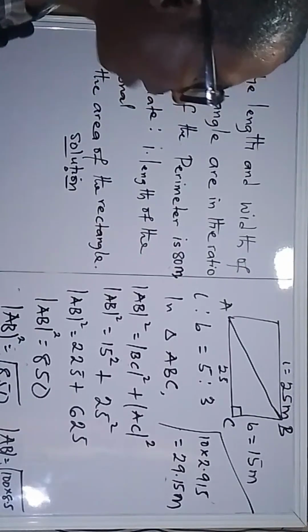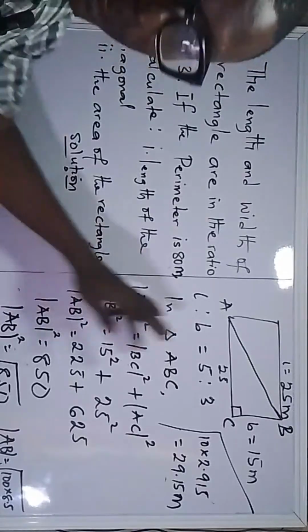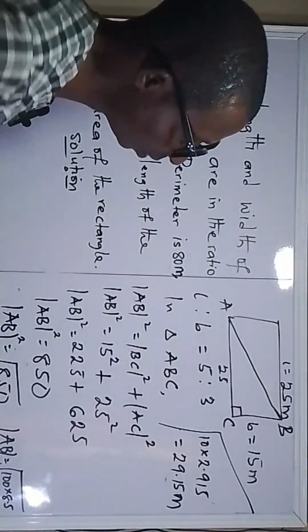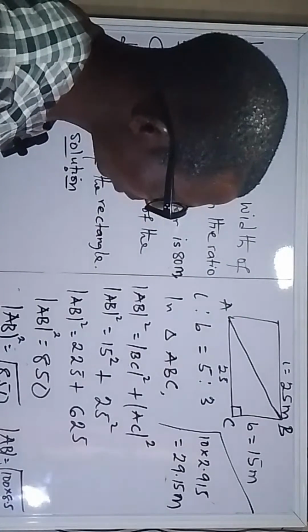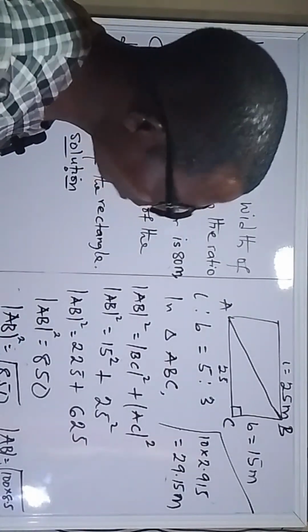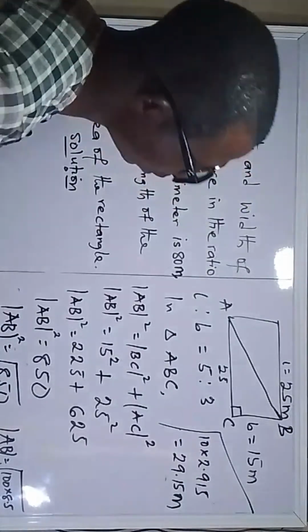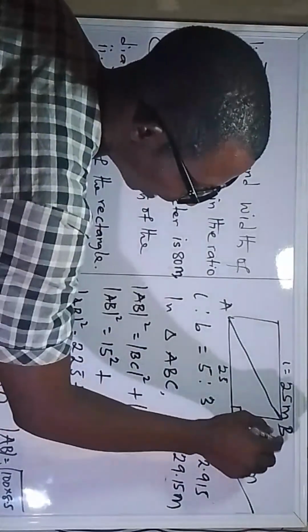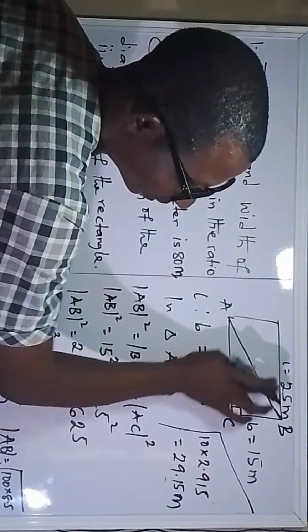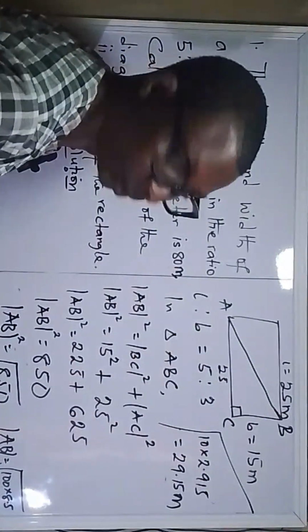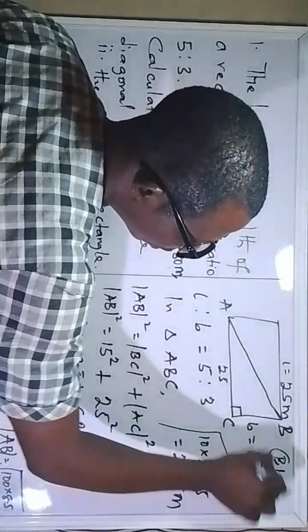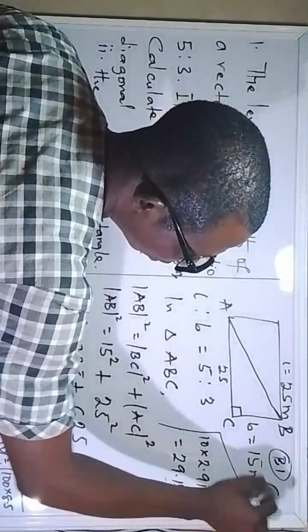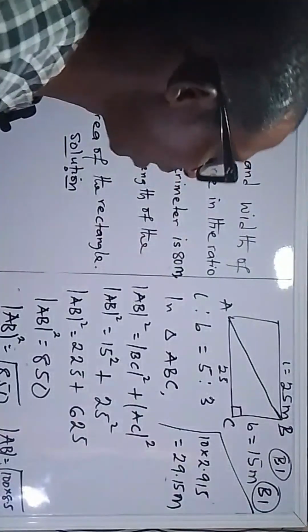All right, so now how do we award the marks? Let us see how they will award the marks for this question. The first thing is that you'll be given marks for getting the length and the breadth of the rectangle. So we have B1 for this and B1 for this. That's 2 marks.